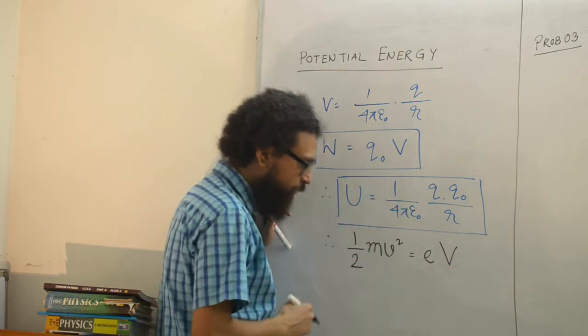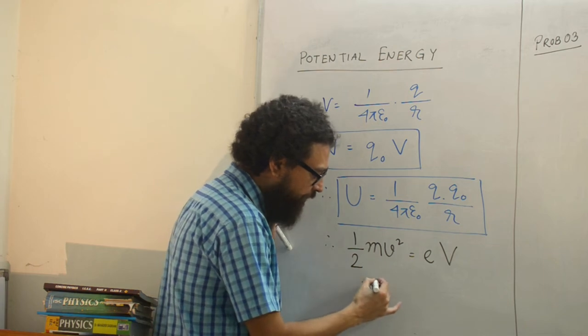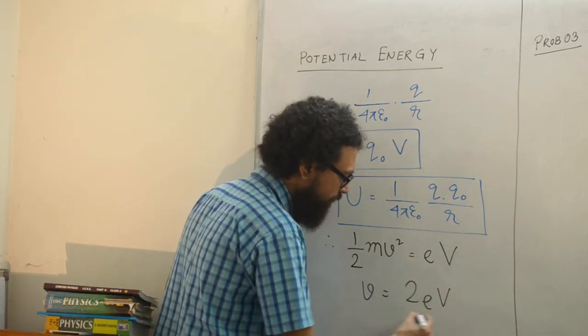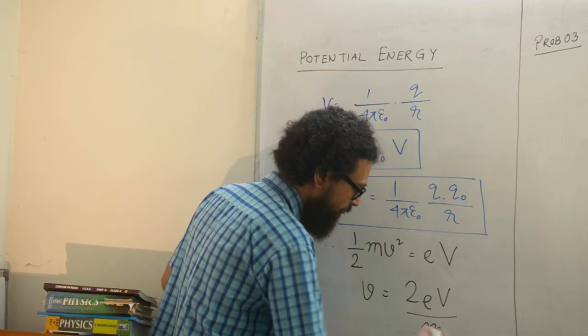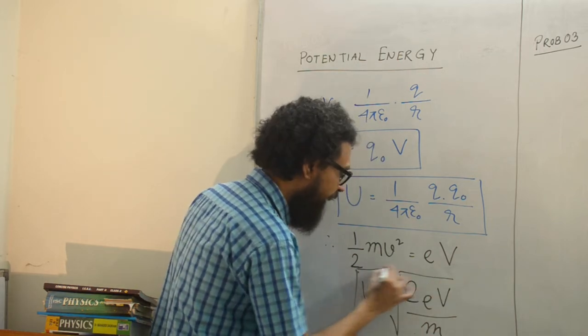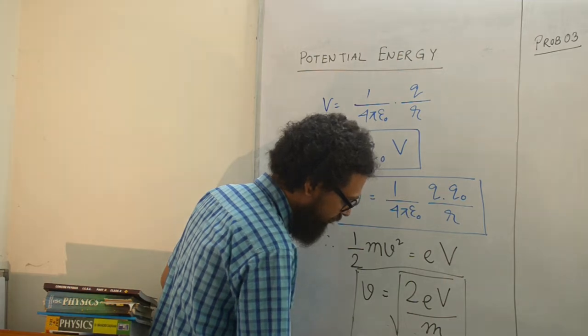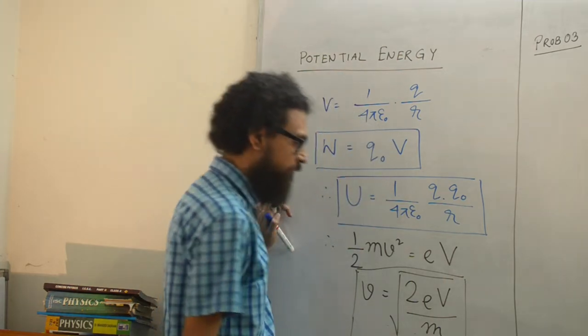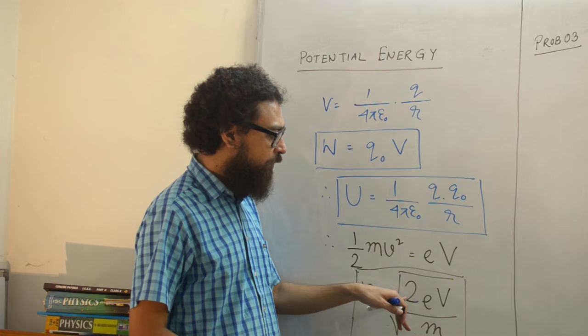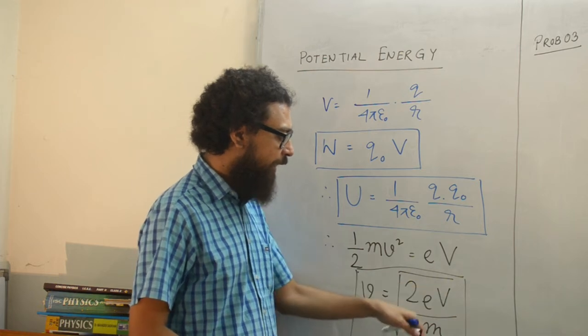So this is one thing. So what I can write about v, this is a very important expression. You must know this. v is equal to square root of 2eV by m.